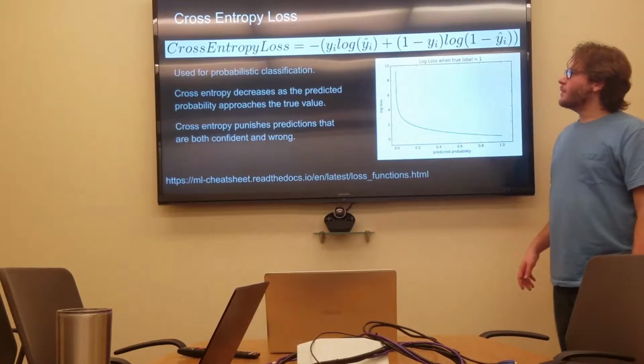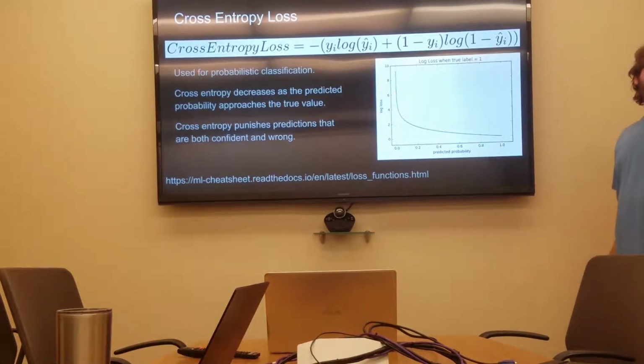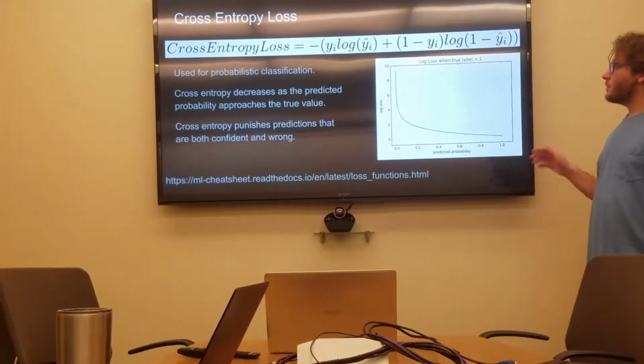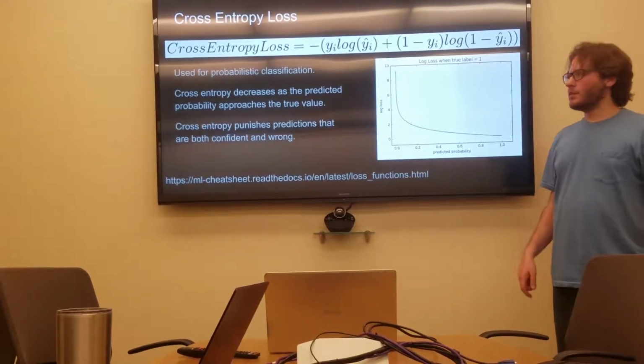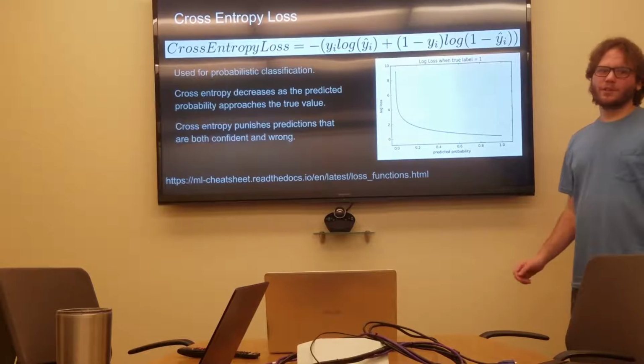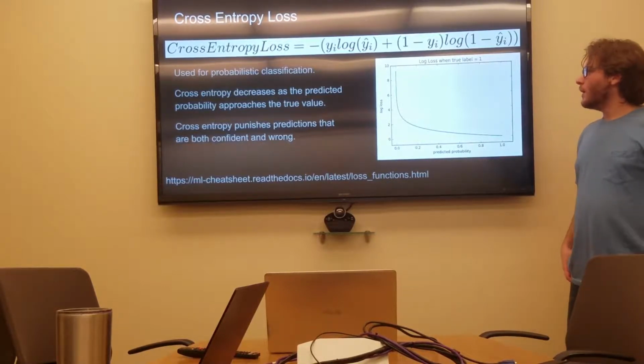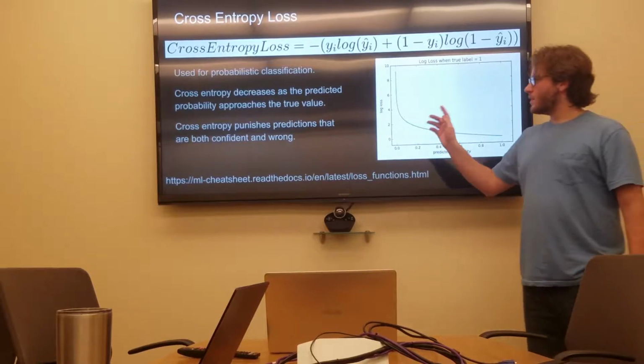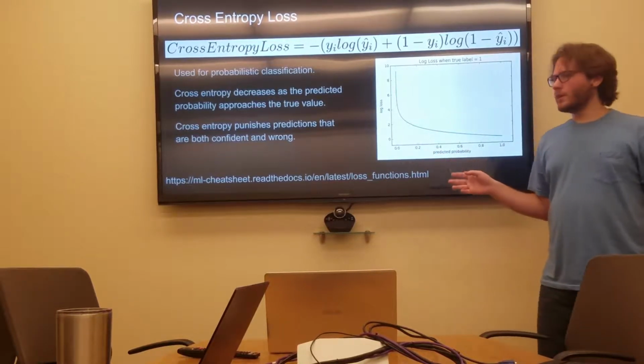Cross entropy. This is used a lot, and I suggest at least trying this in pretty much everything you're going to work with because it performs very well. It's used especially for probabilistic classification, but there's a different version for binary classification as well. It decreases as the probability approaches the true value.